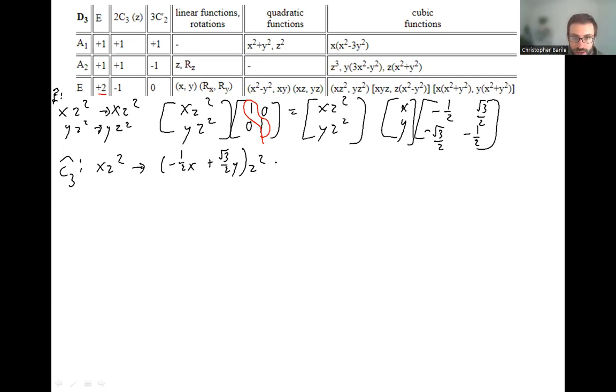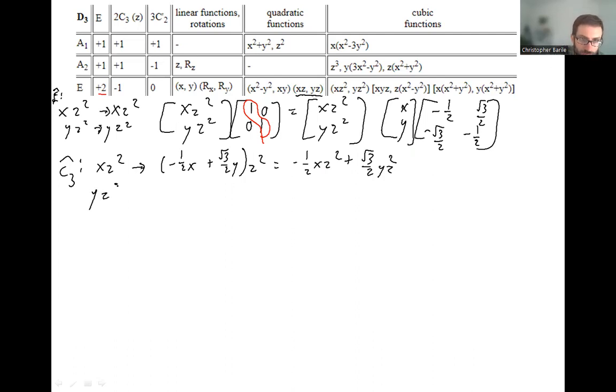And so we can factor that out, and we get -1/2 xz squared plus √3/2 yz squared. What this is telling us is that xz squared can only be defined in terms of a linear combination of xz squared and yz squared, therefore confirming that xz squared and yz squared do transform together.